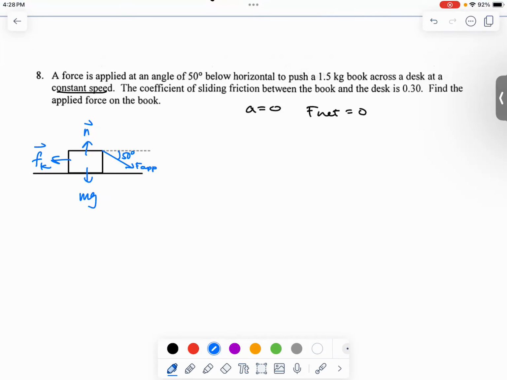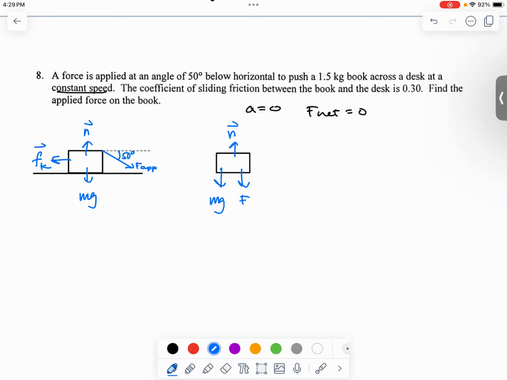It says find the applied force on the book, and we will draw the free body diagram with all of the forces broken down. Actually, the normal force is the only upward force on this diagram, but we have two downward forces.